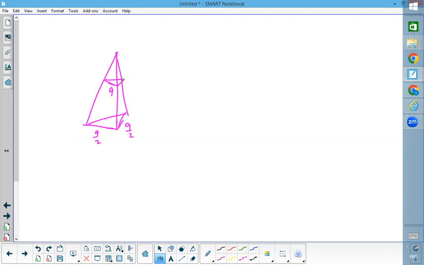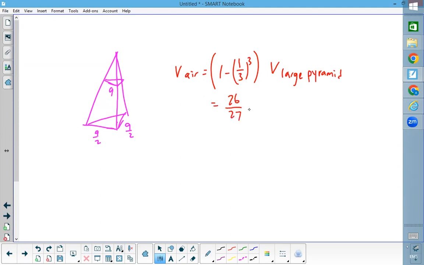So the volume of the air is equal to 1 minus (1/3) cubed times the volume of the large pyramid, which is equal to 26/27 times the volume of the pyramid. Because the side length is 1:3 ratio, the small one is 1/27 of the volume of the large pyramid.